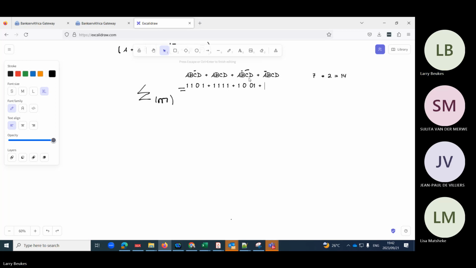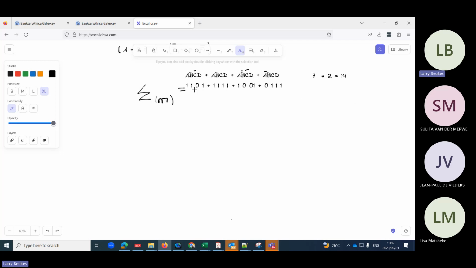So here, A is a 0, B is a 1, C is a 1, D is a 1. Yeah, something like this. So now, from here, you just need to convert this from binary to decimal. So how do we do that?